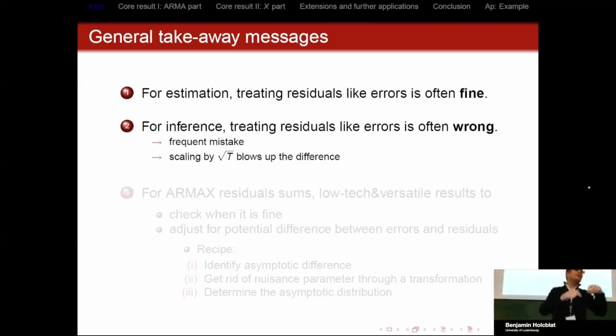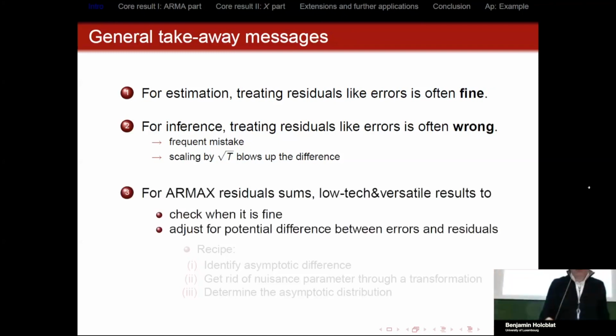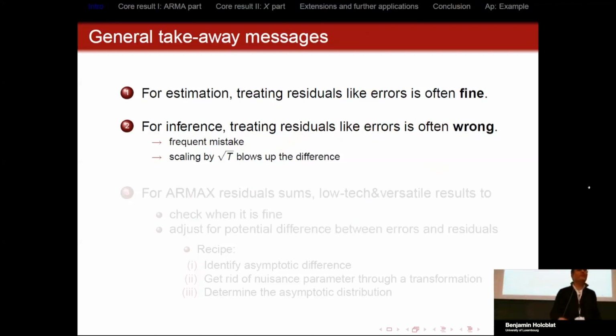And when you do that, you scale by the square root of T, which means you blow up the difference between the error and the residual, and then it causes trouble. Even in a very simple example, and I will come back to one, which I think provides most of the intuition behind the result, even if you need many more pages of proof to get the same thing.